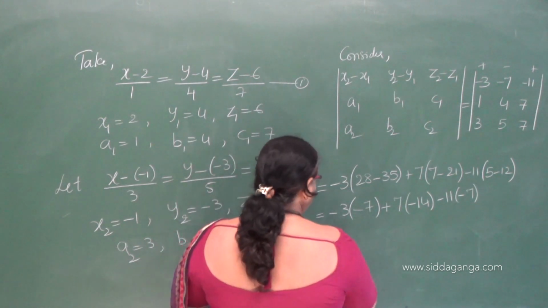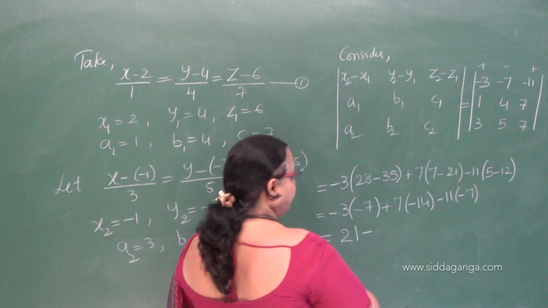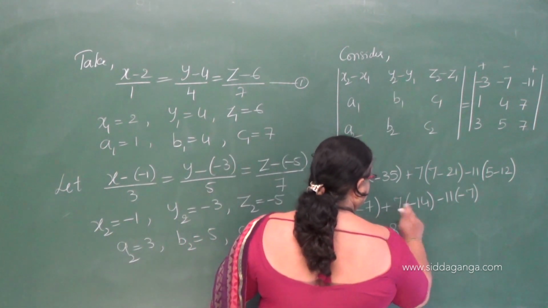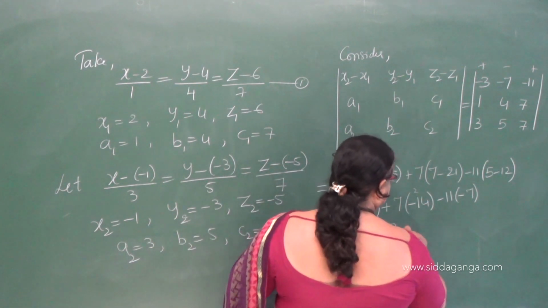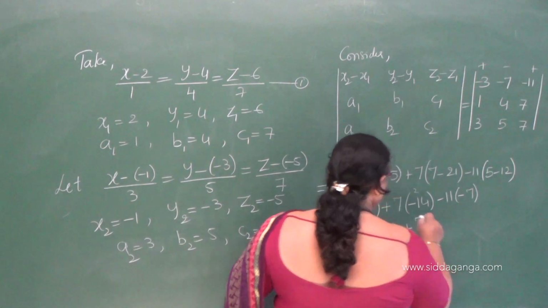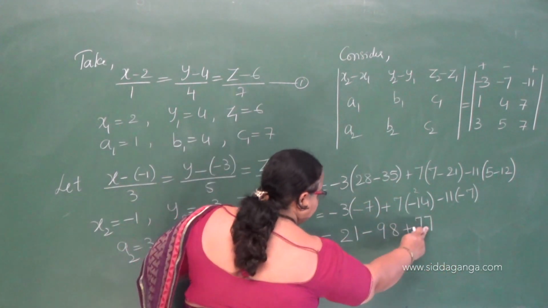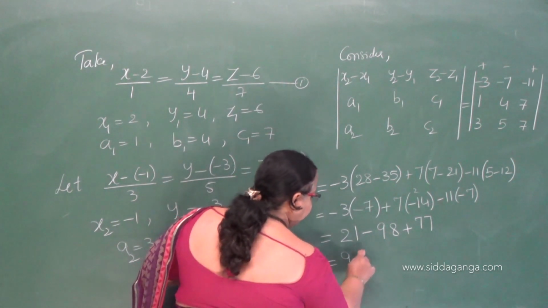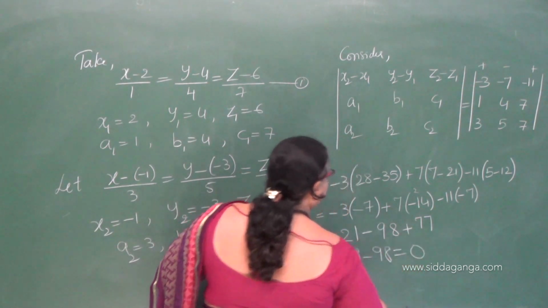That gives plus 21, we get 98 minus 98 equal to 0.